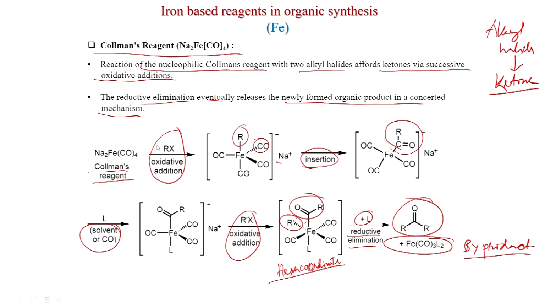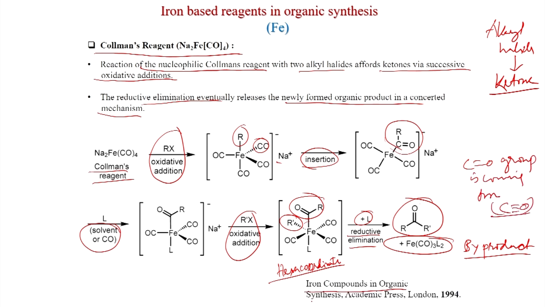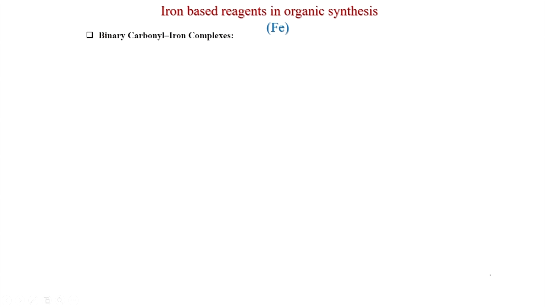One alkyl halide and another alkyl halide react with Coleman's reagent, and in this process you can get a carbonyl. So, the carbonyl group is coming from carbon monoxide. This was reviewed in Iron Compounds in Organic Synthesis, Academic Press, London, 1994.